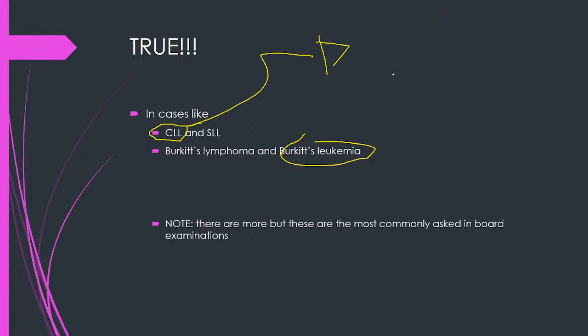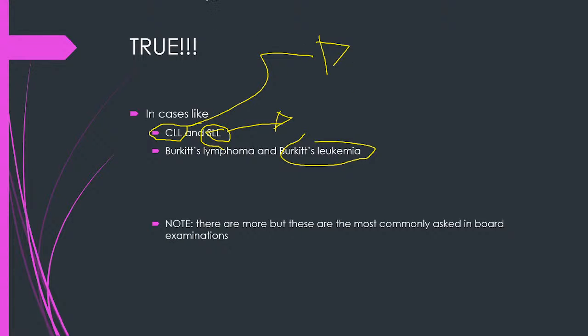Don't worry, I can wait. All right, very good. Chronic lymphocytic leukemia. What about SLL? Can anybody tell me what SLL is? It's the same thing, lymphocytic lymphoma, but what is the first L? Small cell. Yes, very good. Thank you so much.